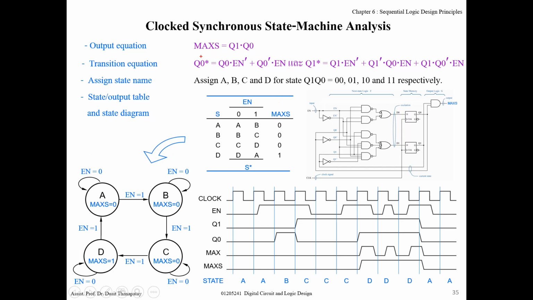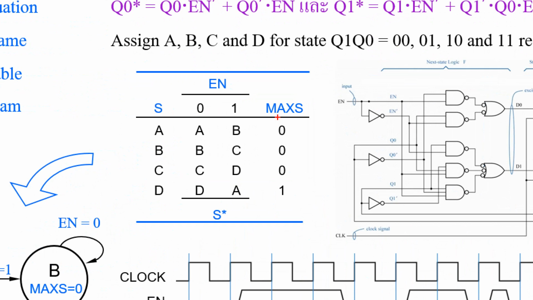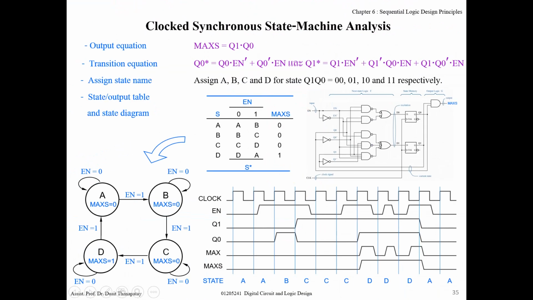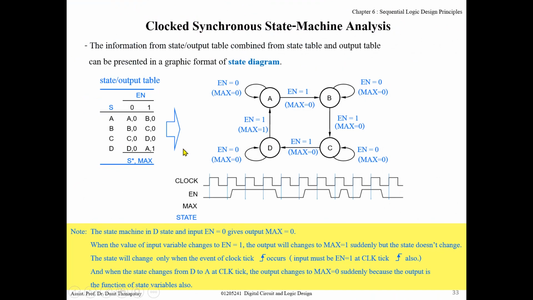So this is the output equation. This is the transition equation. Okay, and when you write down the state output table, please take a note. We write in this style, namely, we separate the output column to this one, compared with the previous example.